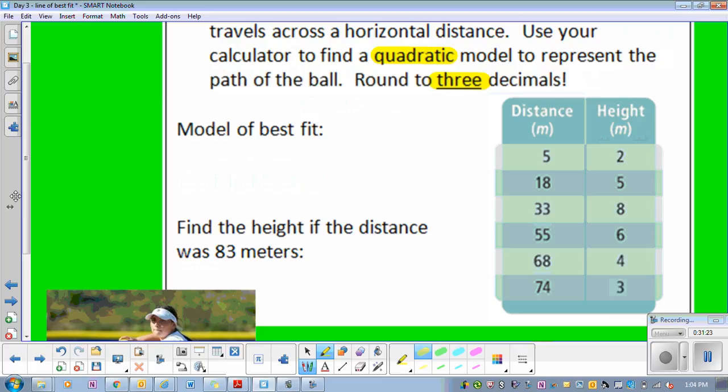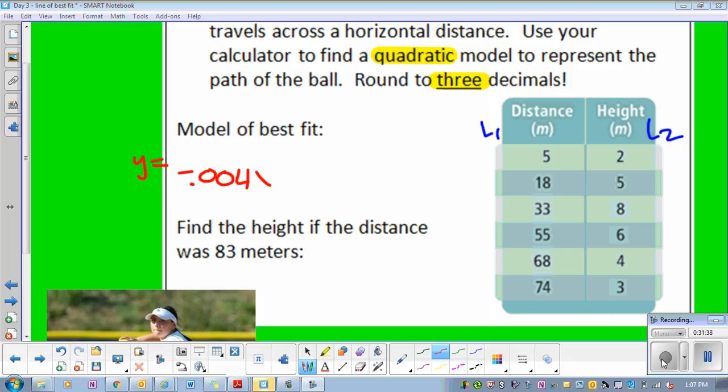All right, so they give you L1, they give you L2. The model of best fit here for your quad, you should have y equals negative 0.004x squared plus 0.352x plus 0.369. Yes?